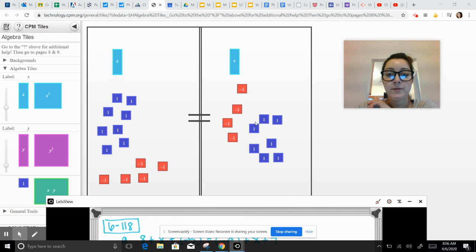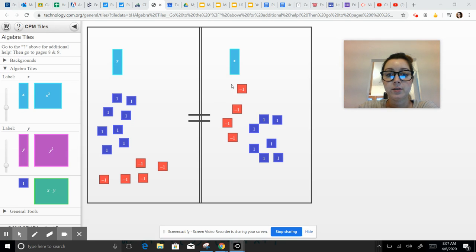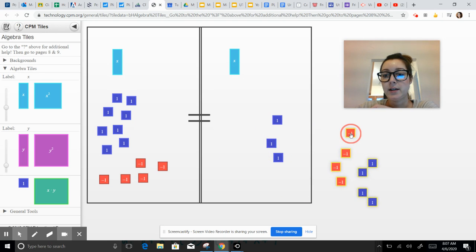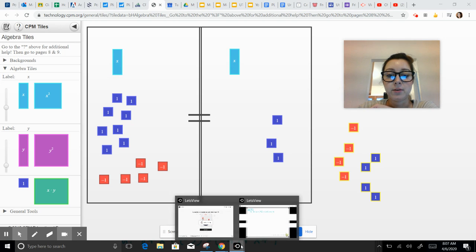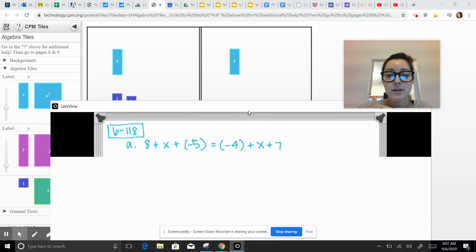So we're going to simplify this. The obvious first step would be to get rid of zero pairs. We have 4 zero pairs on this side. Look at that, I highlighted it perfectly. So those we can get rid of. I'm going to record that in my notebook.